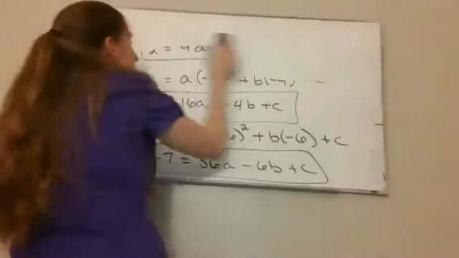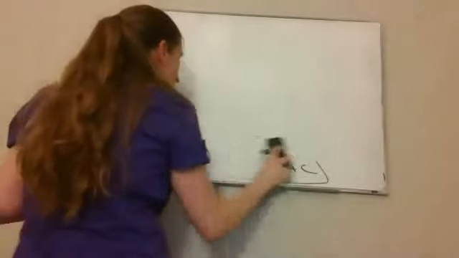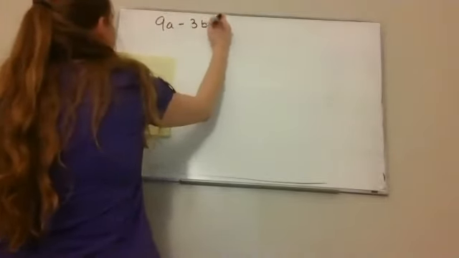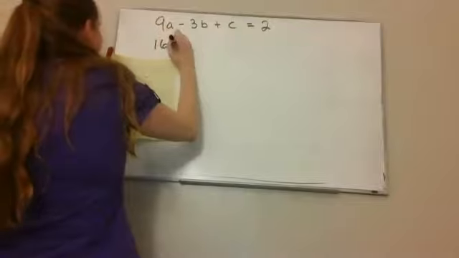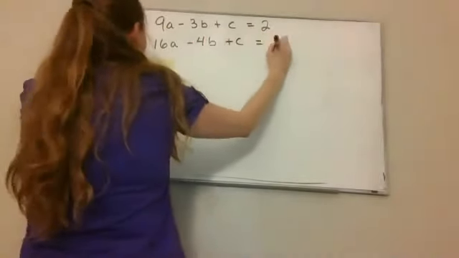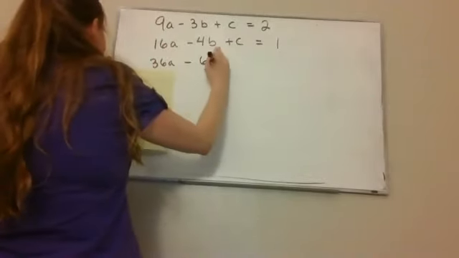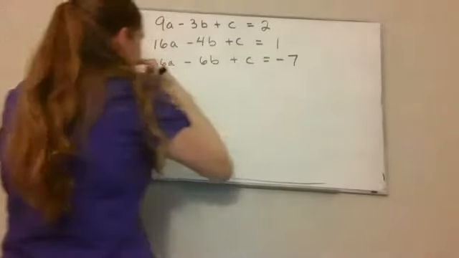So let me rewrite just with our 3 equations so we can solve this system. We have 9a minus 3b plus c equals 2. 16a minus 4b plus c equals 1. And 36a minus 6b plus c equals -7.